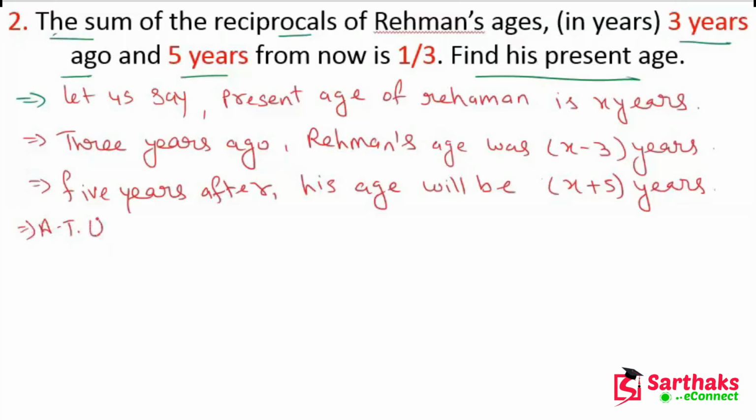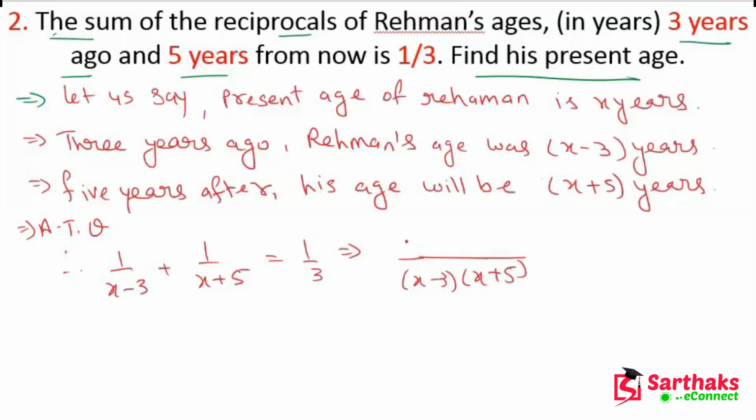according to the question, the sum of the reciprocals of Rahman's age 3 years ago and 5 years from now is 1 upon 3. So it will become 1 upon x minus 3 plus 1 upon x plus 5 is equal to 1 upon 3. Okay, now let's take the LCM. So this will become x minus 3 x plus 5.